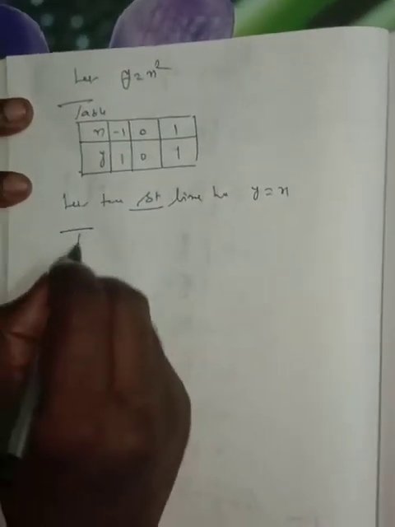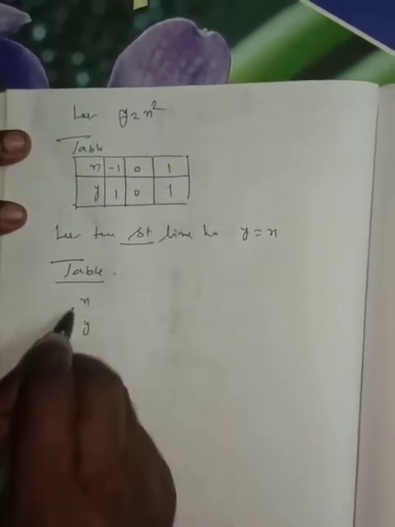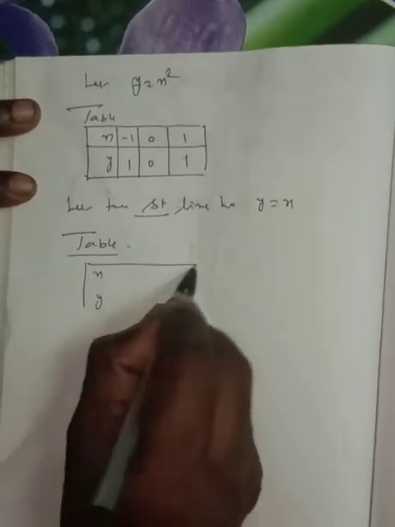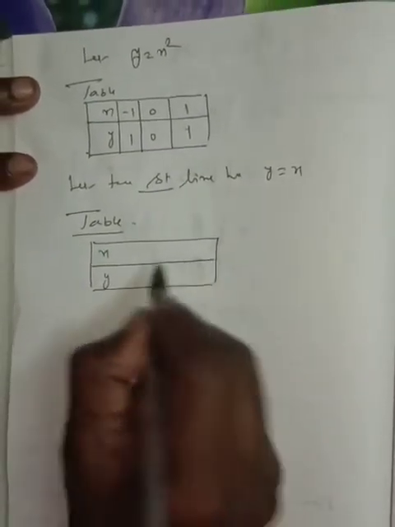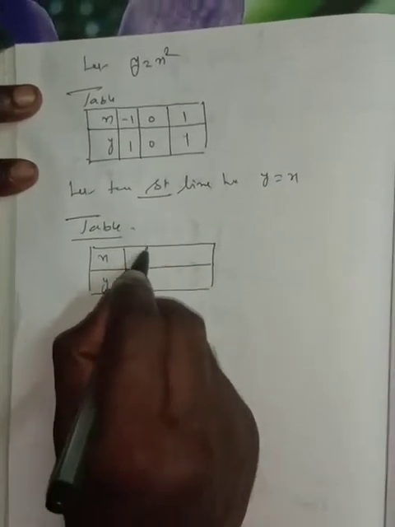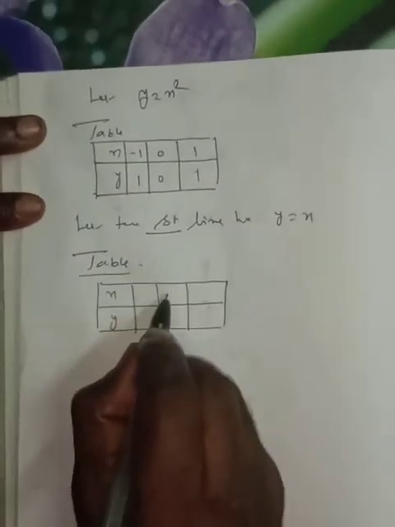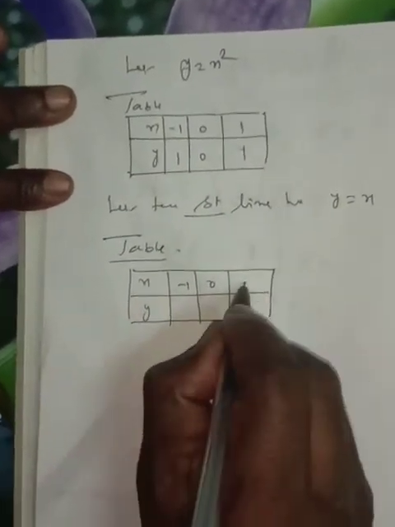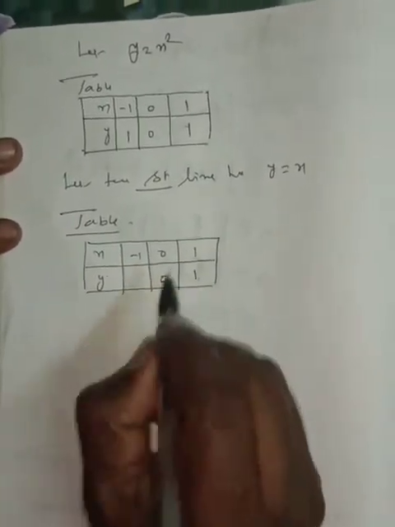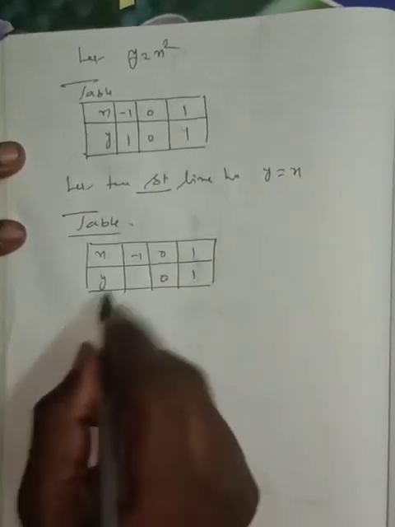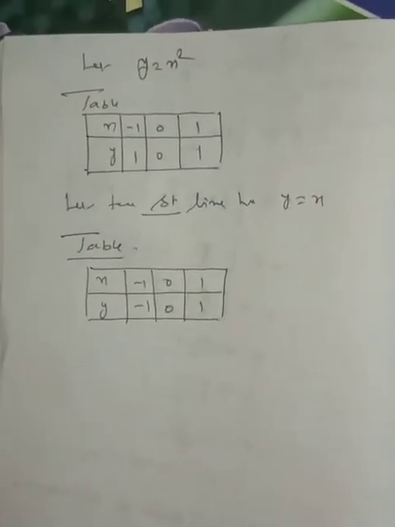Table x, y: apply 0, 0. Apply 1, 1. Apply x is equal to -1, y is -1. Now draw the curve.